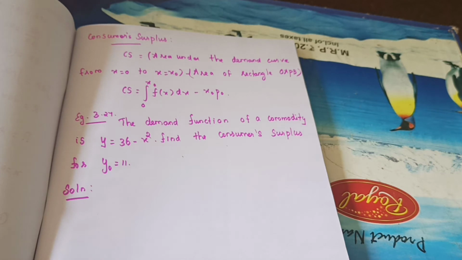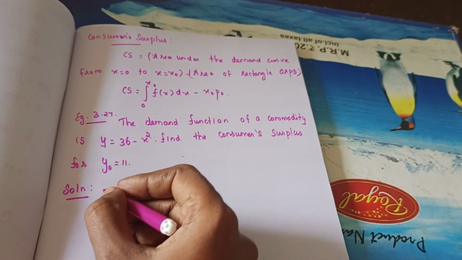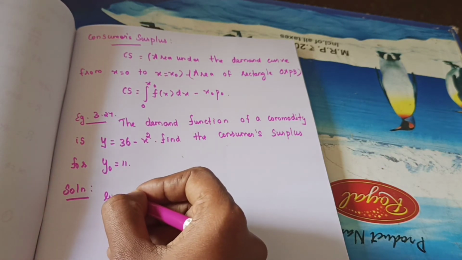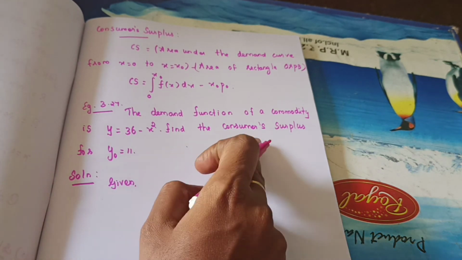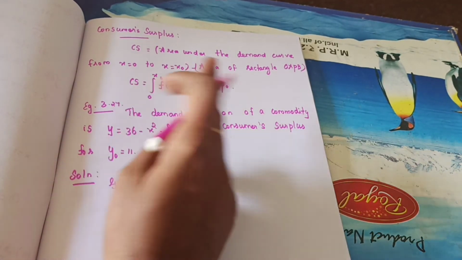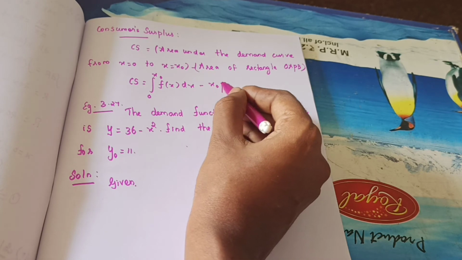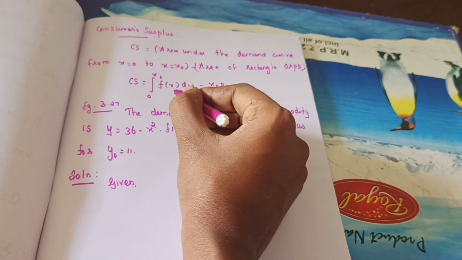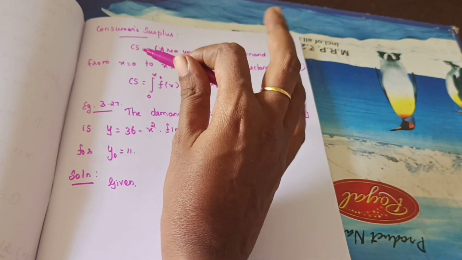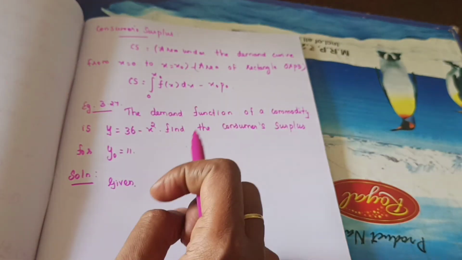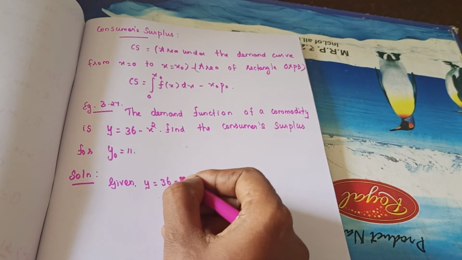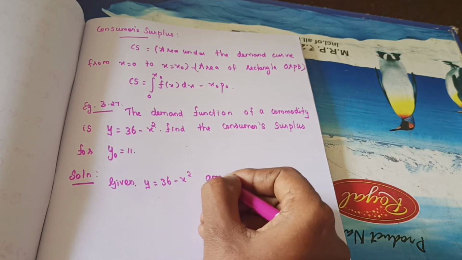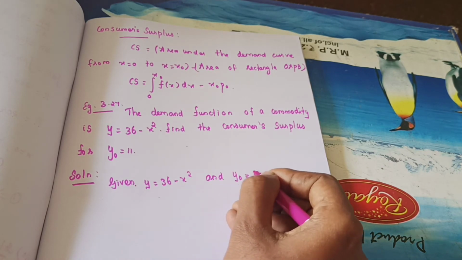Find the consumer surplus for y naught equal to 11. Write down the given data first. We need to find the consumer surplus using this formula, so we need the x naught value and p naught value. Given y is equal to 36 minus x square, and y naught equal to 11.